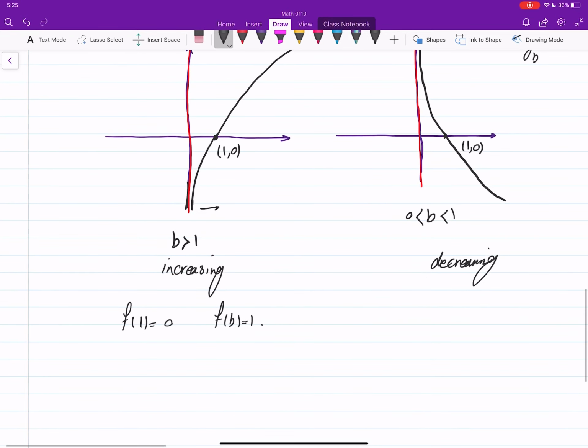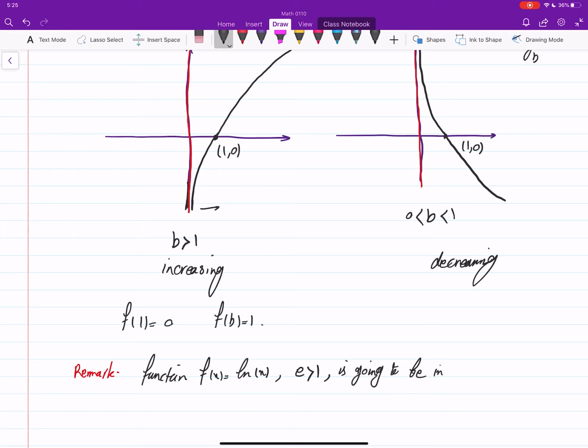Well, a remark is that when we have the function f of x equal to ln x, since it is log base e, and e is bigger than 1, it is going to be an increasing function.